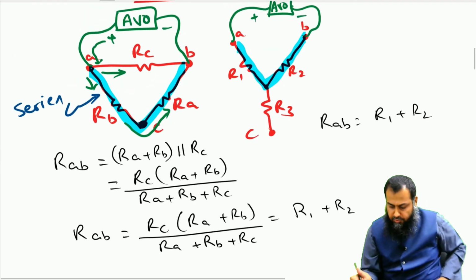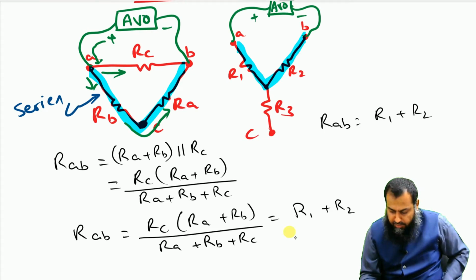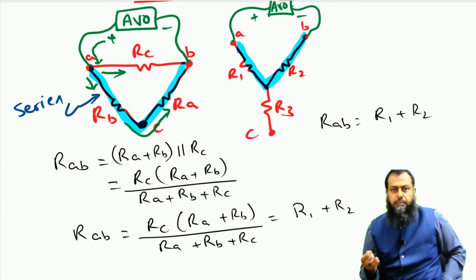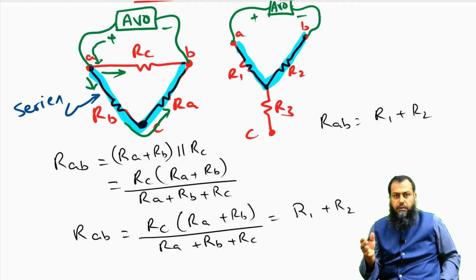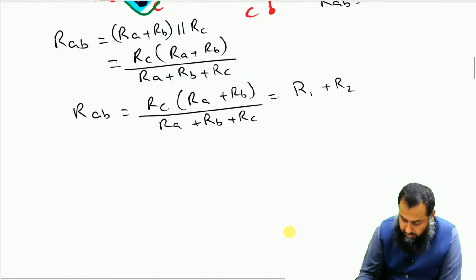Remember that I have used the nomenclature R1, R2 and R3 for a Y connected network, and for a delta network we prefer to use the terms RA, RB and RC, and that is universal in most of the textbooks for linear circuit analysis course. So, we have to stick with them in order to have a uniformity across our learning and across our standard textbooks. Let us say this is equation number 1.